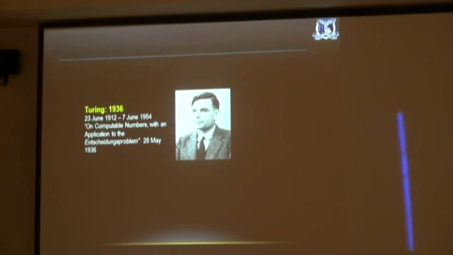So then let me fast forward to the other person I want to celebrate tonight, which is Alan Turing. He would be 101 years old this year. He published this paper in 1936 on computable numbers with an application to the Entscheidungsproblem. It's a little bit esoteric, but basically it means how could you ever tell if a computer program ever concludes with an answer?